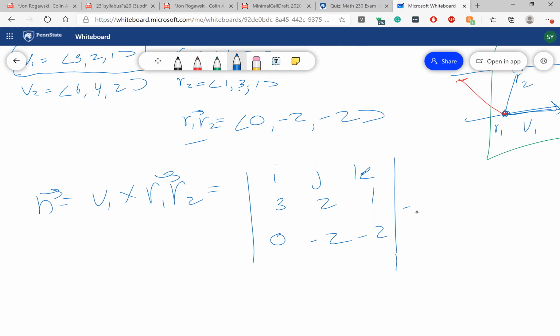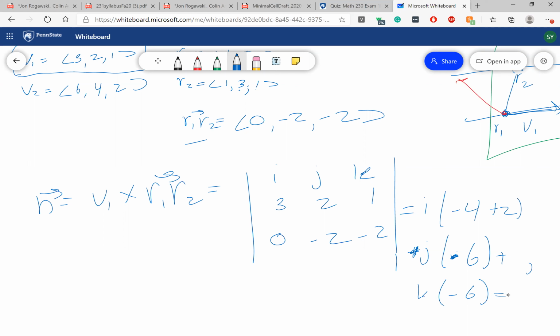So this is going to be i times 2 minus 2 is 4, is minus 4, and then minus, minus, so plus 2, minus j times 3 minus that is negative 6, and 0, so this is just going to be positive, plus k times negative 6.